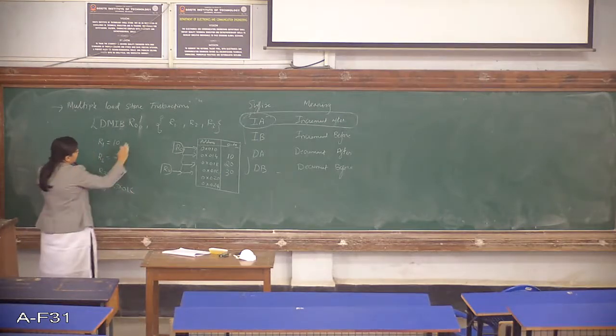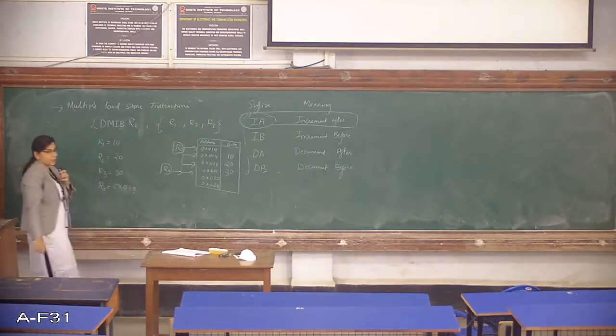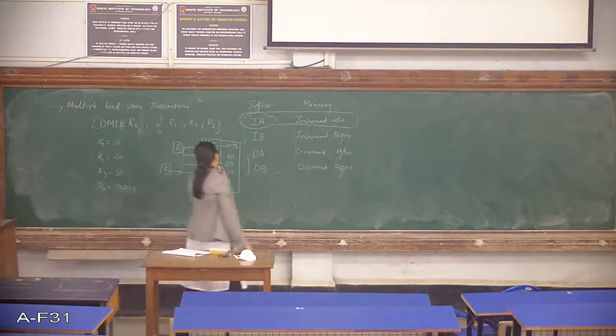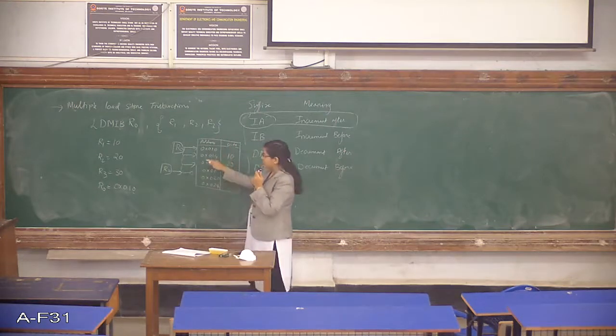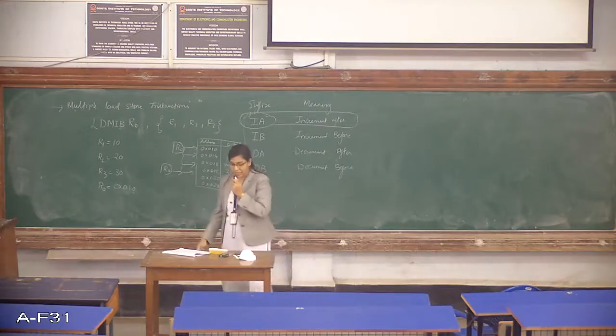If I don't write the write back symbol, the value of R0 remains as 0x010. So this is how the increment before works. Increment before is nothing but first increment and then load. So this is the LDMIB instruction.